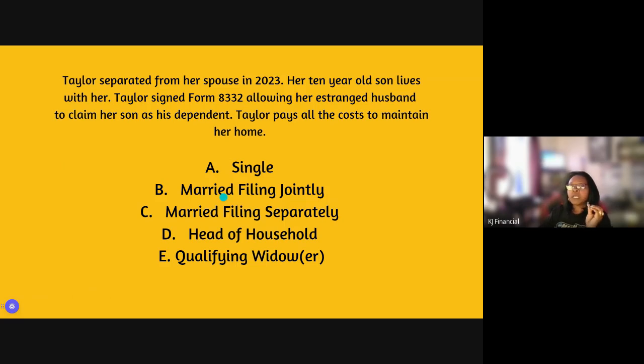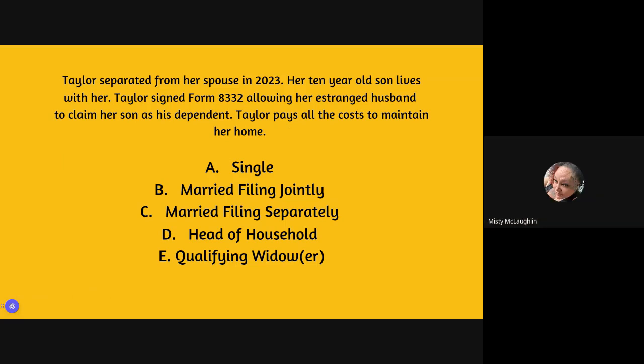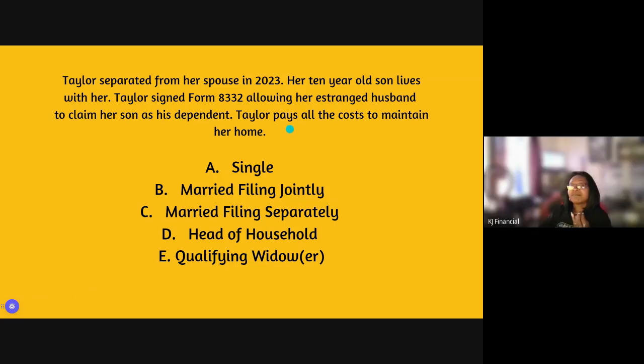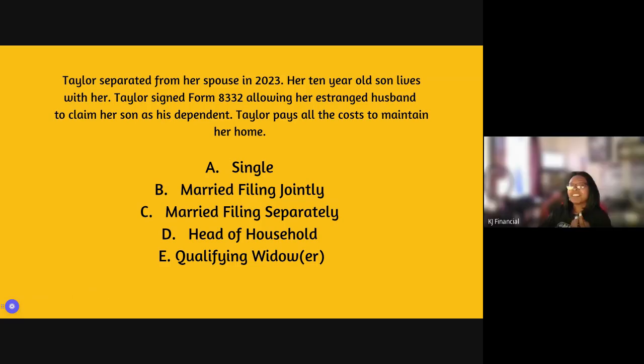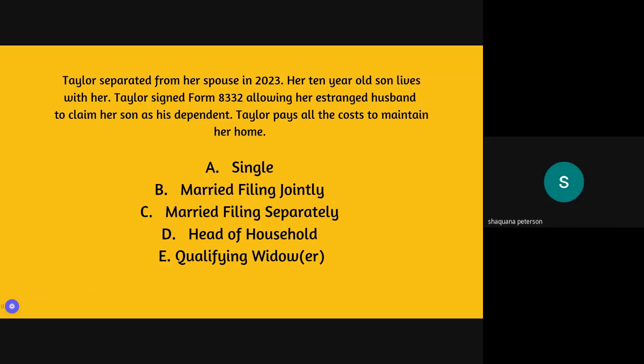But what is Taylor going to file under? If she's letting her husband carry the child, what does she file under? Married filing separately, under C. Y'all think so? I think I got that one wrong in the video. Yeah, that's right. Y'all think it's separately? Yep.